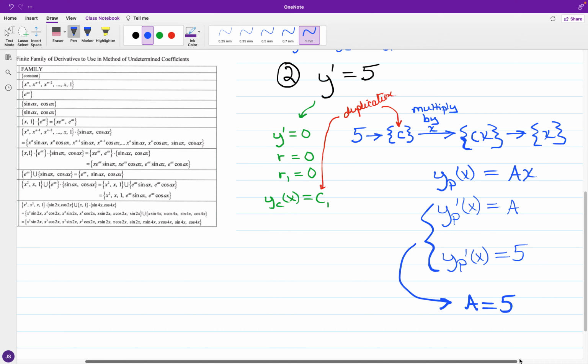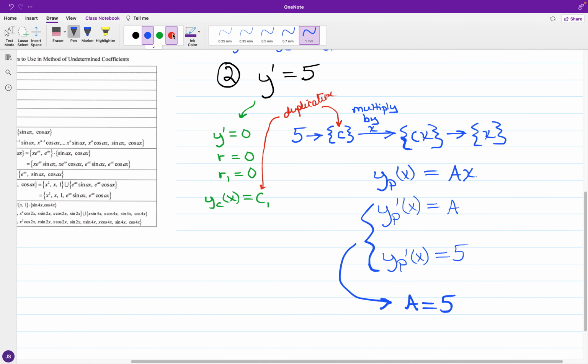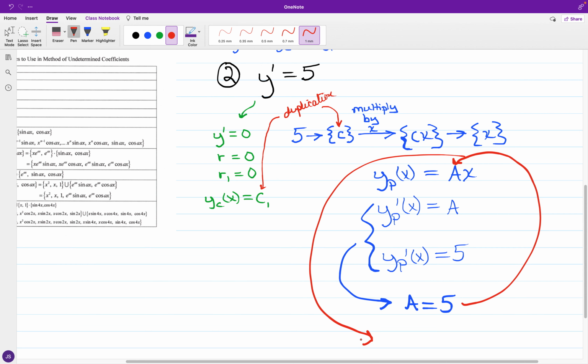Okay. And with the value of a determined, and looking at the initial setup for y sub p, we have a is 5, y sub p of x is equal to a times x, and it's going to turn out that for the particular part of y of x, we have y sub p of x is equal to 5x.